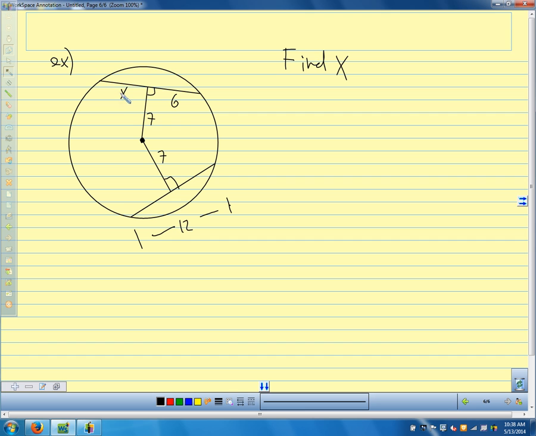X has to equal 6. The chords are congruent because they are the same distance from the center of the circle. So that one was pretty easy. Questions on that example?